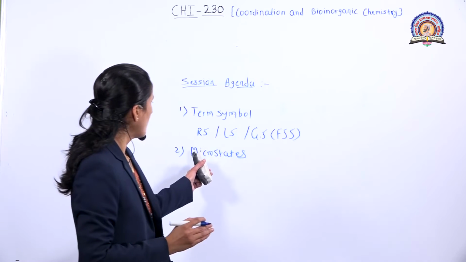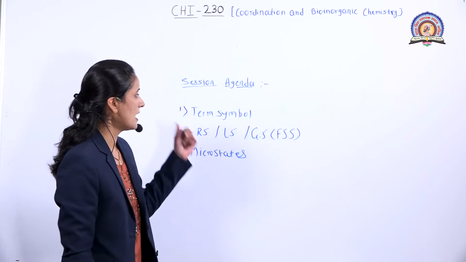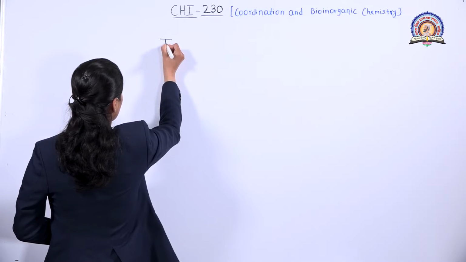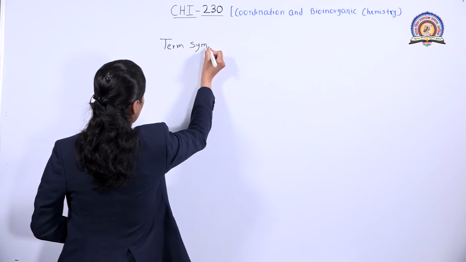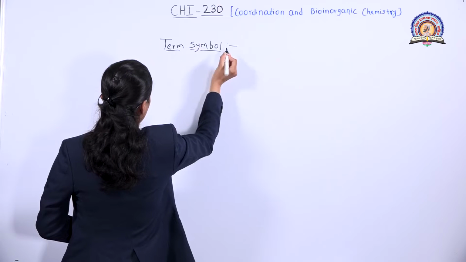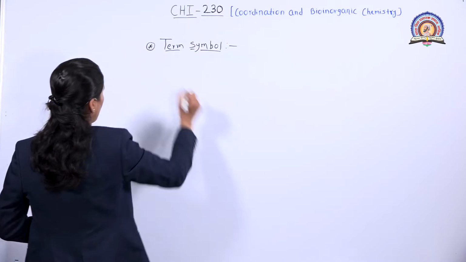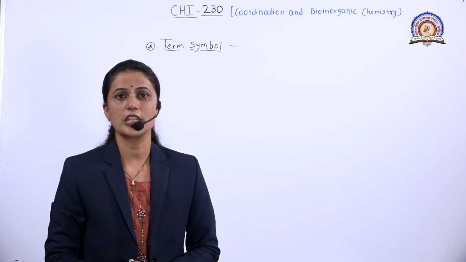So in today's lecture, we are also going to see how to calculate number of microstates and term symbol. So basically term symbols are nothing but RS terms or GS terms.